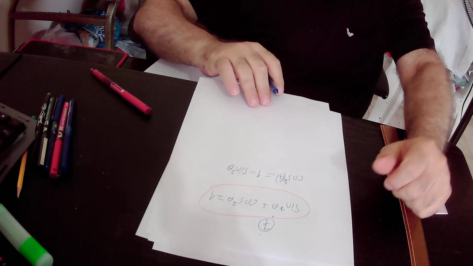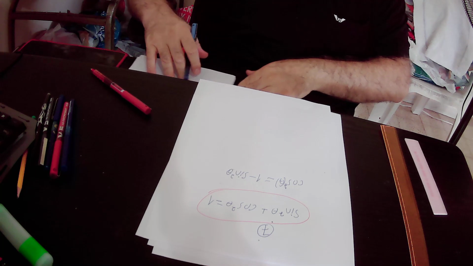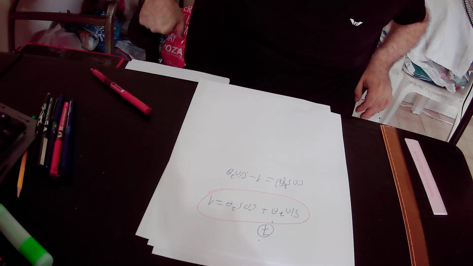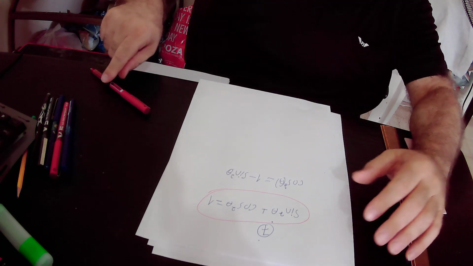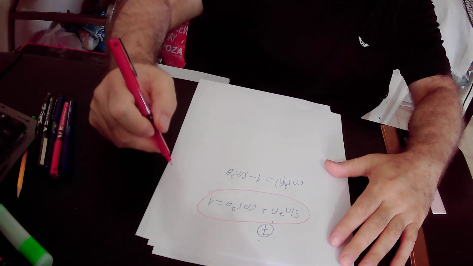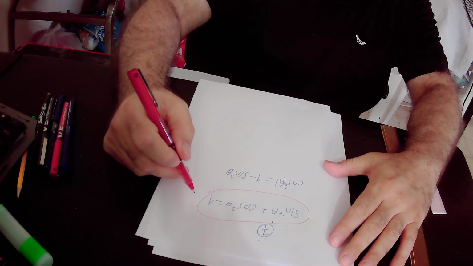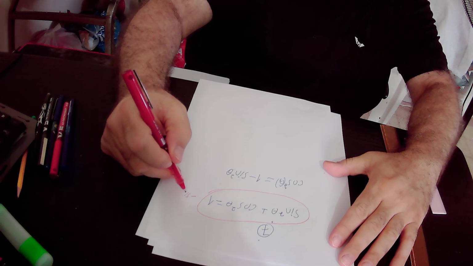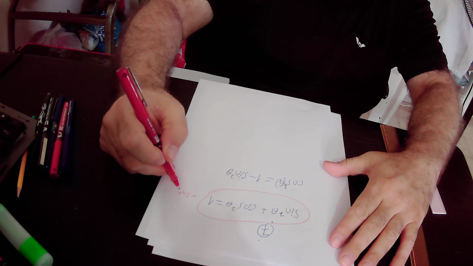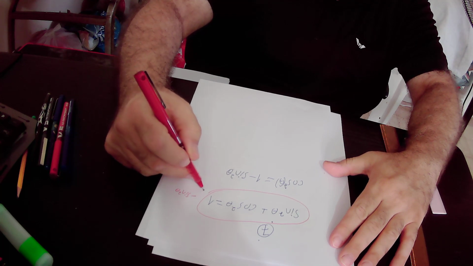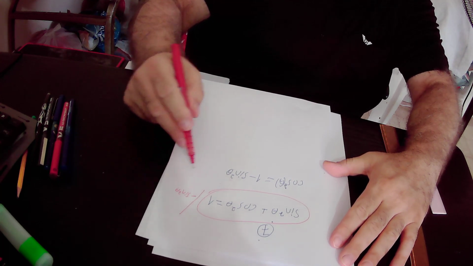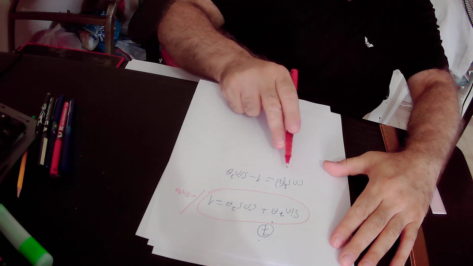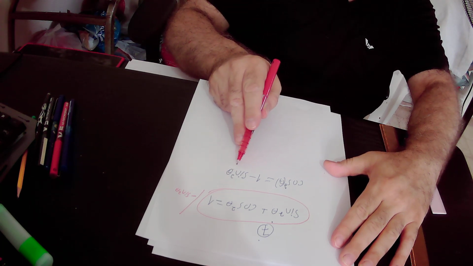Actually, we subtracted sinus theta squared from this identity, and we got that cosinus theta squared equals to 1 minus sinus theta squared.